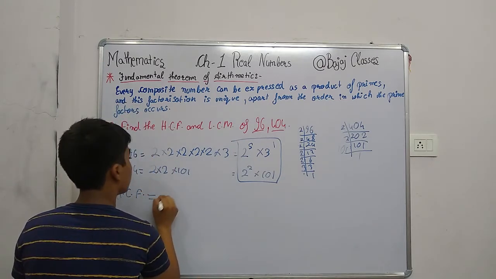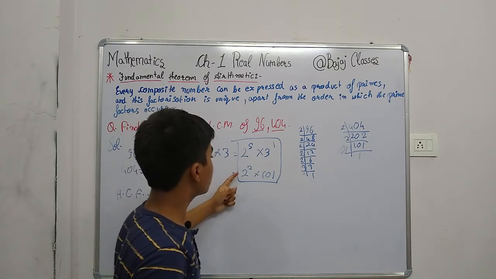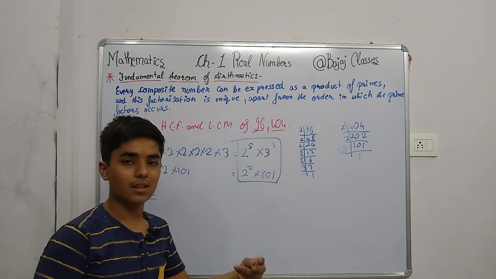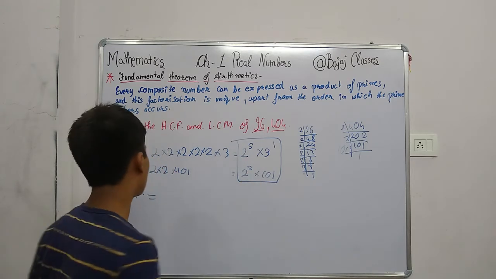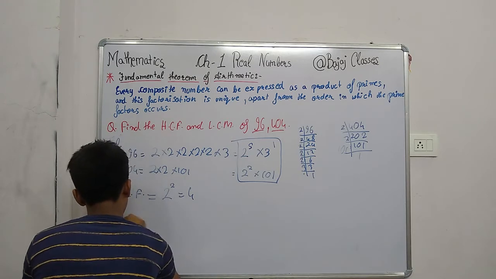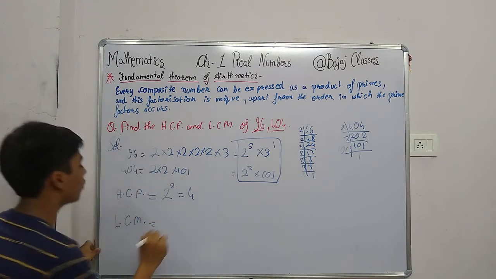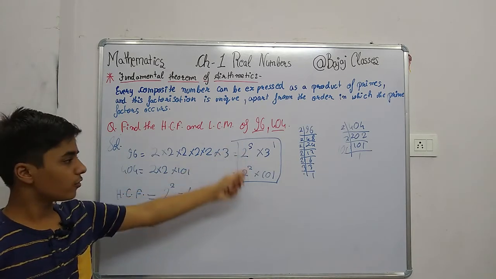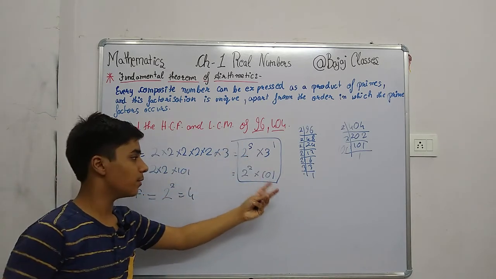Now HCF. What are the common terms? Only 2. So 2 raised to the power 2, because in the HCF we take the smaller power. So 2 raised to the power 2 will be our HCF, equals 4. Now LCM. The LCM will be the highest power of the common factors and all the uncommon factors.